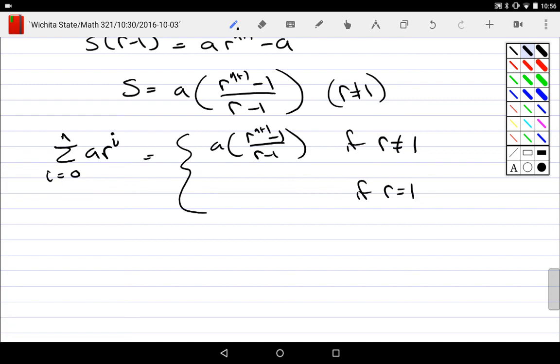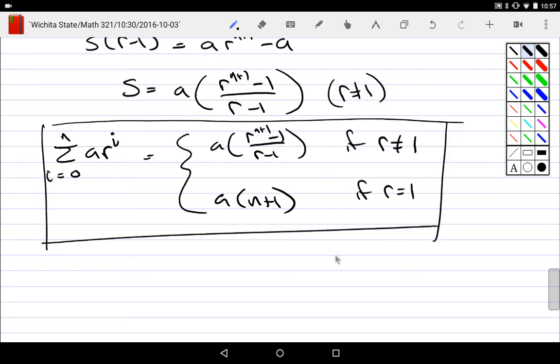Starting at 0, from 0 to 5, how many A's are there? 6. So from 0 to n, how many A's are there? N plus 1. So this is A times n plus 1. So that one's handled. So we got that geometric.